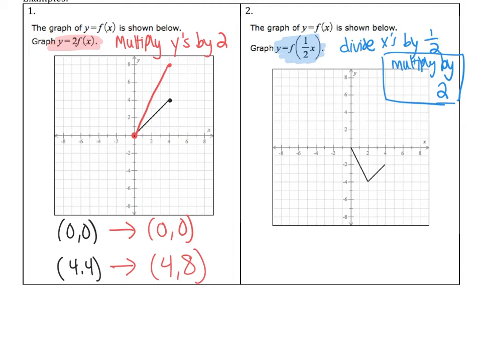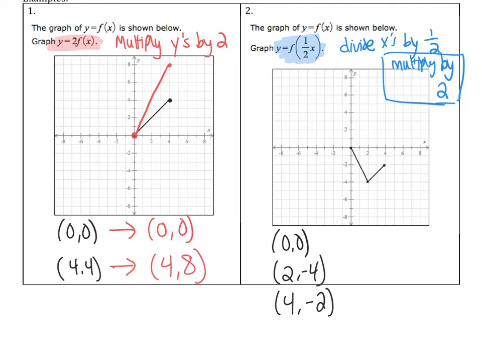Okay, so I'm going to identify my points first. There are 3 of them for this one. I have 1 point at 0, 0, another point at 2, negative 4, and another point at 4, negative 2. And now I'm going to convert these points based on what it tells me to do.